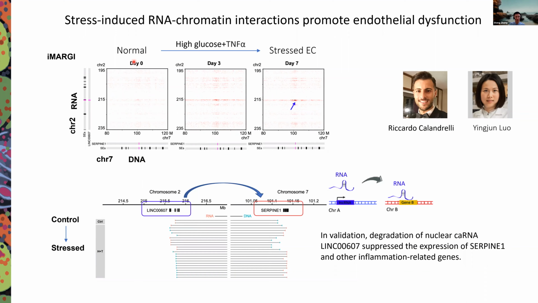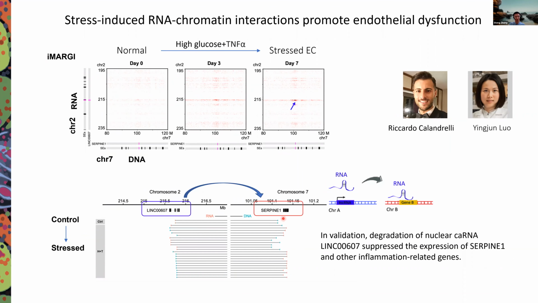As the cells get stressed, after a few days, we see a strong interaction from a stretch of RNA molecules transcribed from a super enhancer on chromosome 2 targeting a genomic region on chromosome 7 near the SERPINE1 gene.